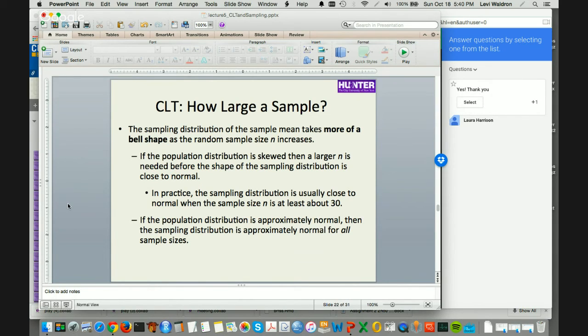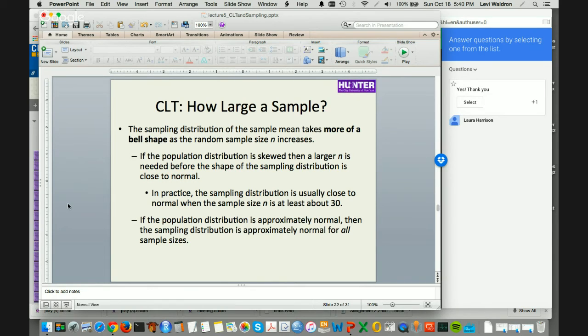So for large samples, the sampling distribution will be normal. What is a large sample? Well, as a rule of thumb, when the sample size n is at least about 30, that's a large sample, and the sampling distribution will be normal.